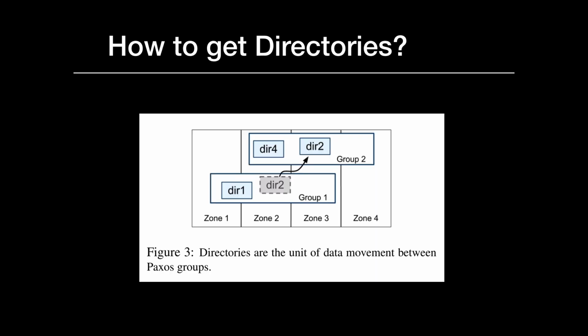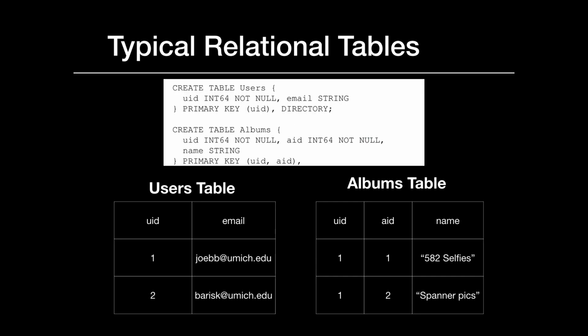So now that we know how Spanner works internally and how it's organized, let's take a look at the main caveat that applications face when wanting to leverage the benefits of Spanner. This main caveat comes about when we try and create this abstraction of a directory. In our typical relational tables, we can think of these tables as sort of separate concepts that might relate to one another, like the rows of this album table relate to the rows of this users table.